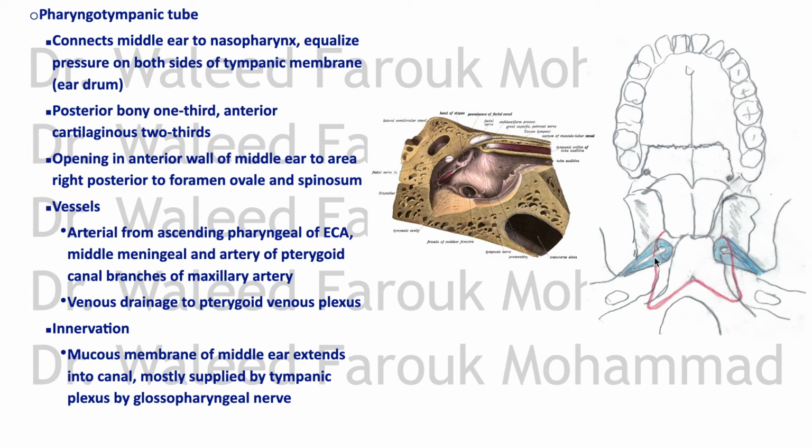Okay, its function is to equalize the pressure between the tight space, the middle ear space, and the external environment. That's why when it gets plugged, a negative pressure will build up here in the middle ear and it will suck on the tympanic membrane. You will feel it in your ears.